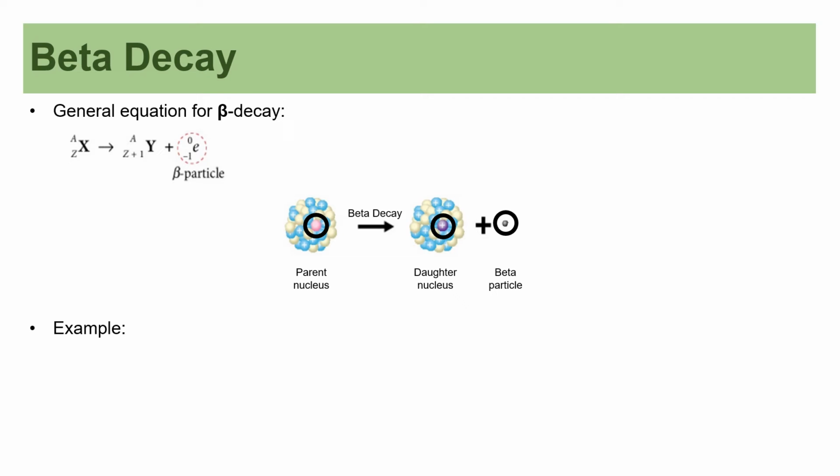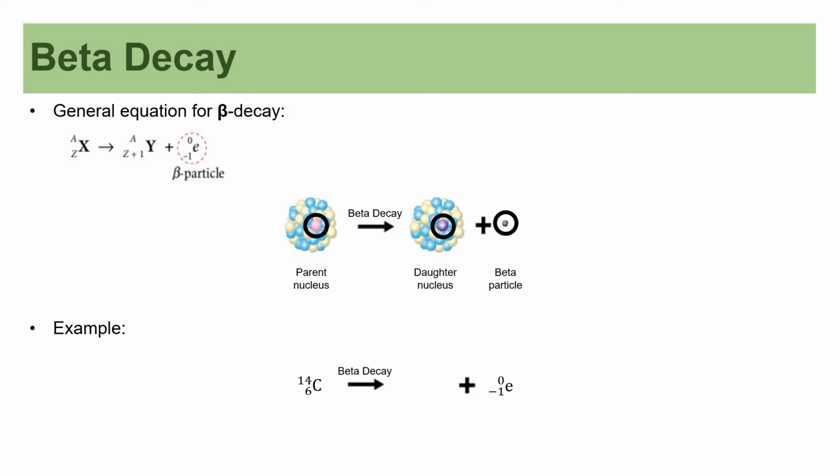So now, let's take a look at the example together. When an unstable nucleus like carbon-14 undergoes beta decay, it emits one beta particle, which is the electron.